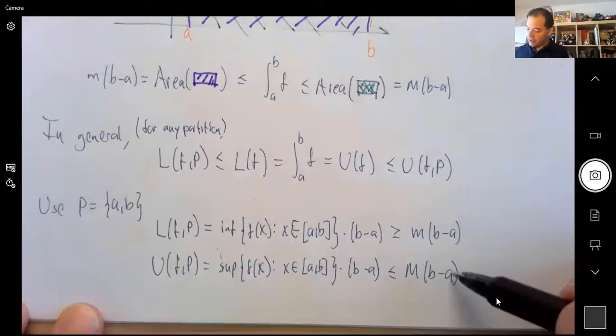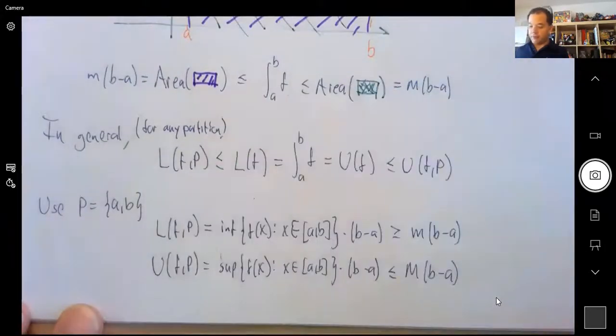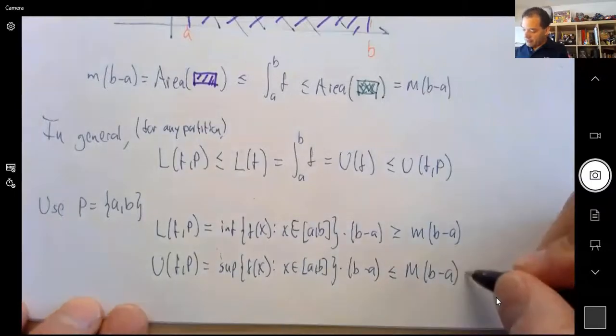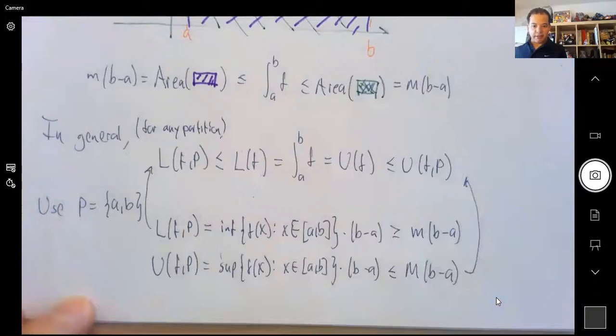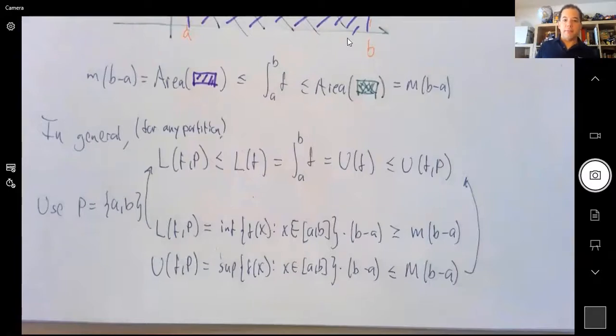So tag these inequalities here, and we're done. That's exactly what we wanted. So just copy this inequality here and this one here, and that completes our proof. All right? Good. So that was quick and painless.